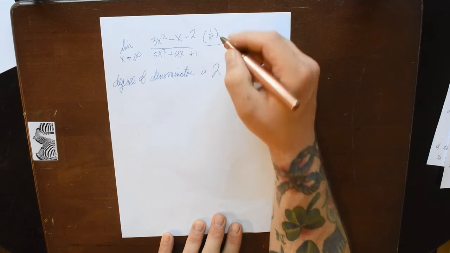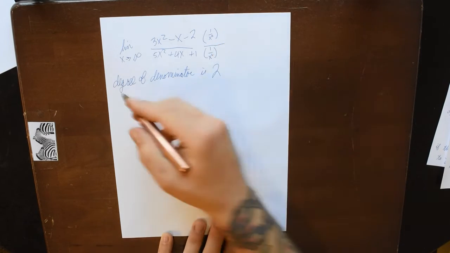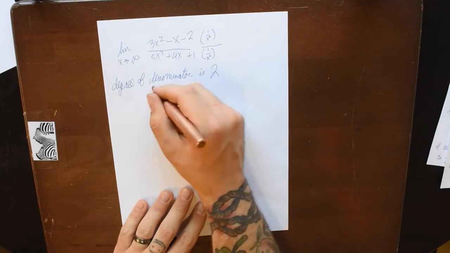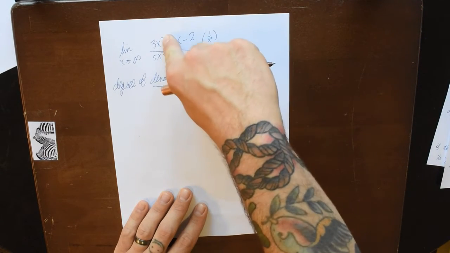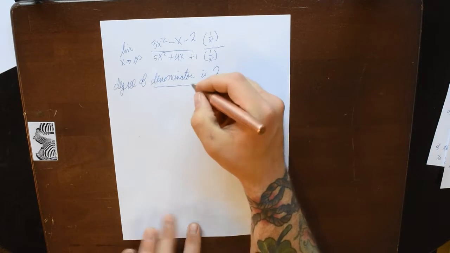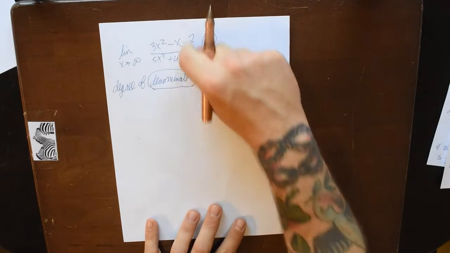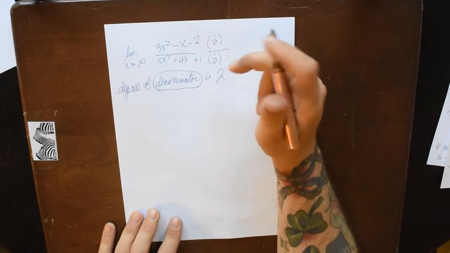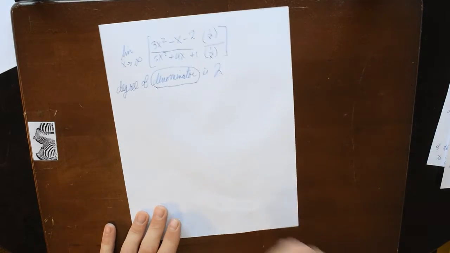What we do to the top, we do to the bottom. And this is the degree of the denominator. Coincidentally, in this problem, the degree of the numerator is equal to the degree of the denominator. That's why I'm stressing that we're really getting that 2 from the denominator. Coincidentally, they're the same.